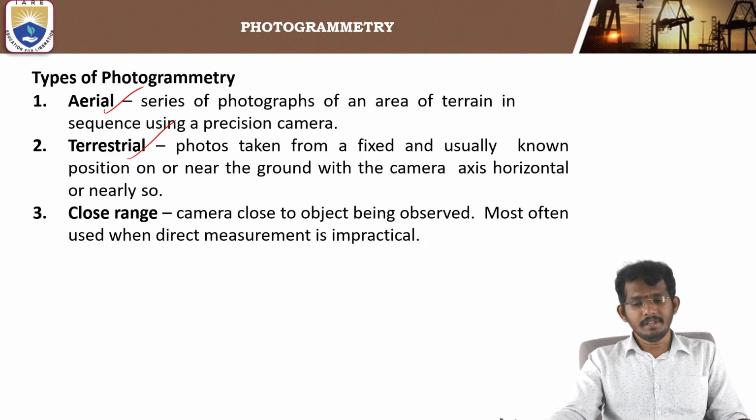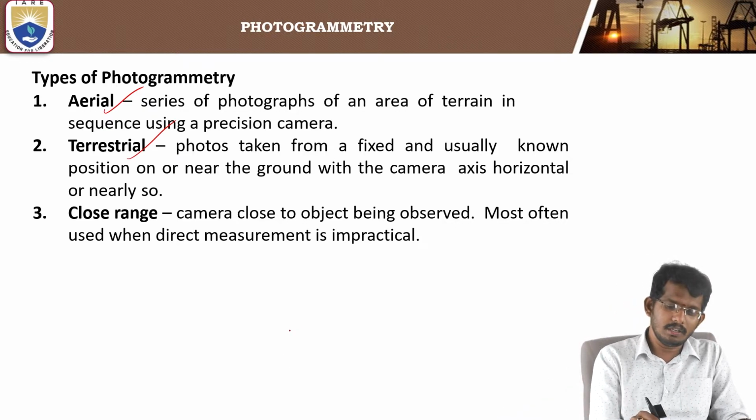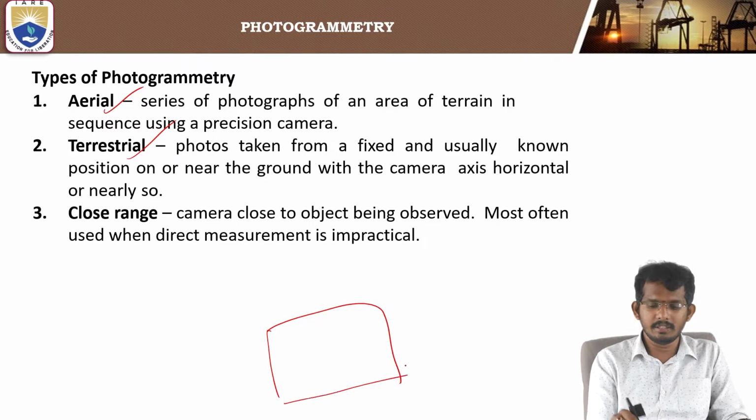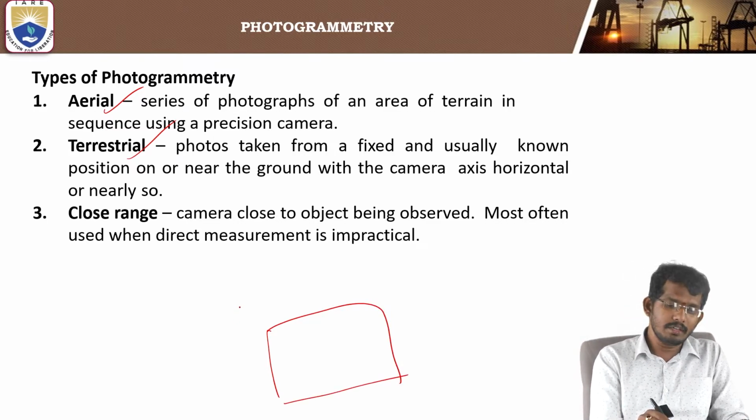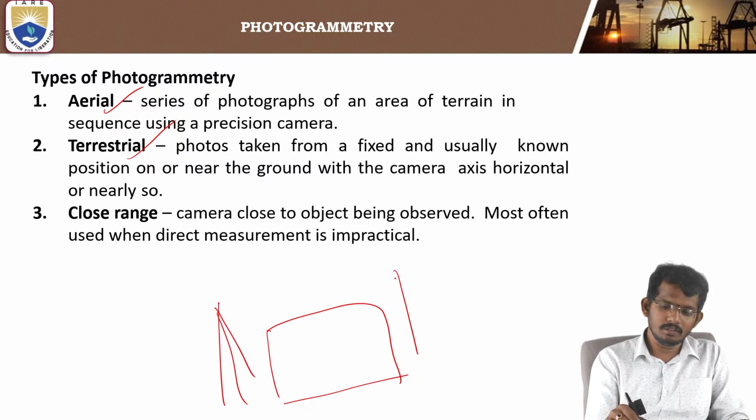Now terrestrial photogrammetry. If you want to capture an area or a field of land, in terrestrial photogrammetry we use terrestrial heights. It may be the top of a tower or a building. We keep a phototheodolite here and a theodolite here.